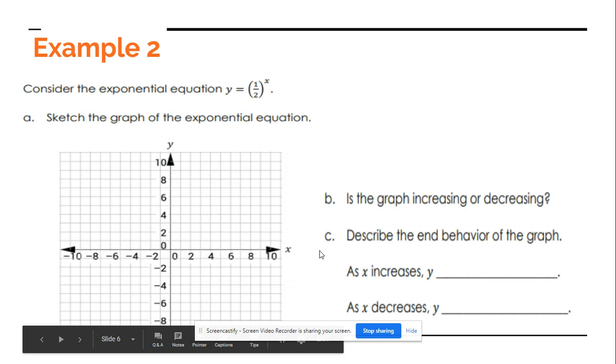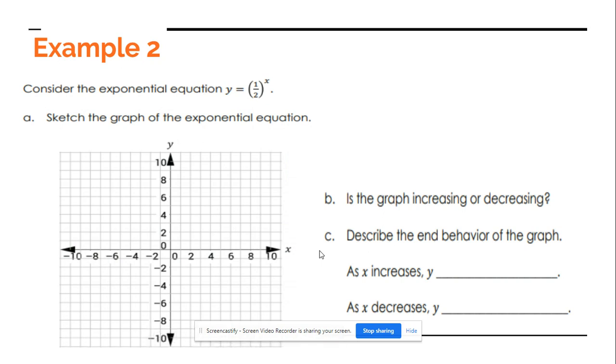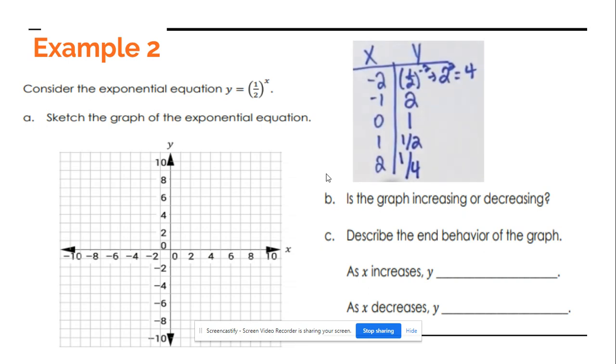If we look at example 2, consider the exponential equation y equals 1/2 to the power of x. The very first thing you want to do is identify your a value and your b value, and then you are either going to do substitution and evaluation.